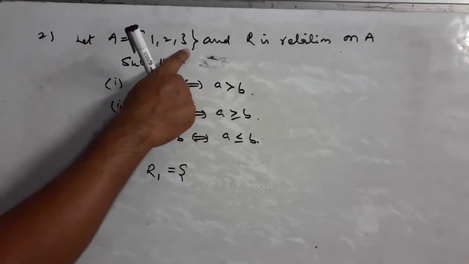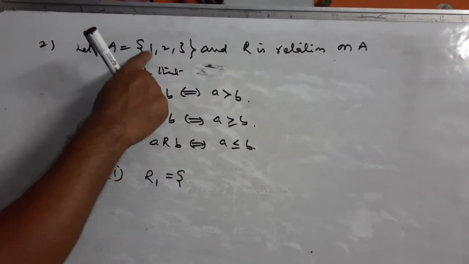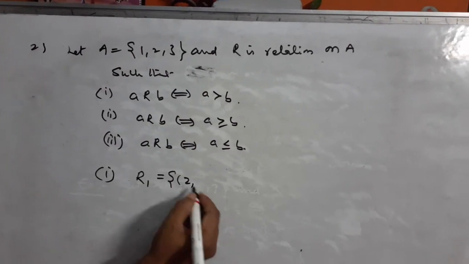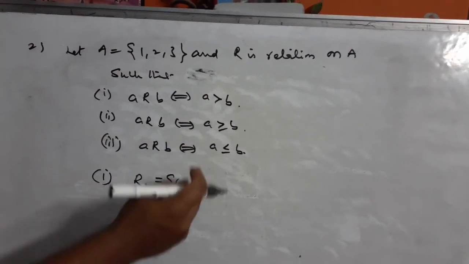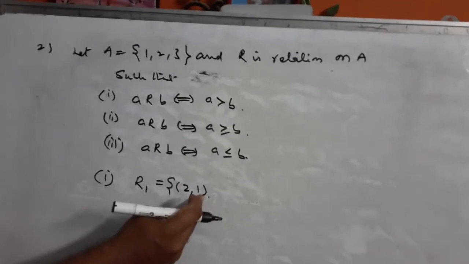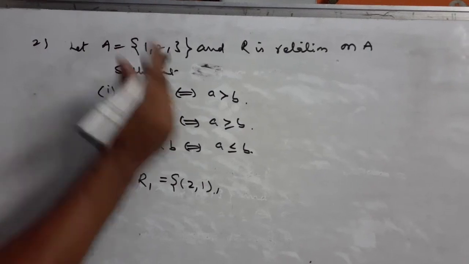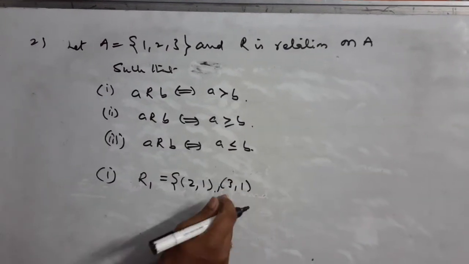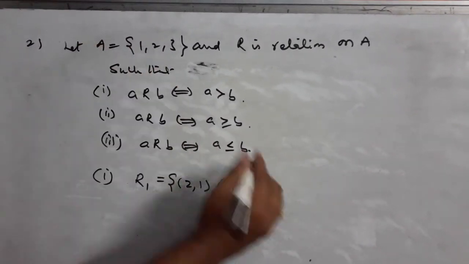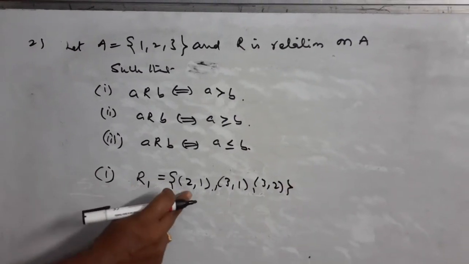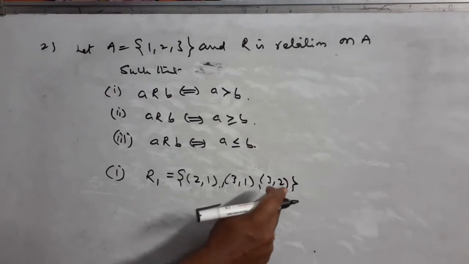Next (1, 3) is also false. Next (2, 1): 2 is greater than 1, so it is satisfied. Next (3, 1), 3 is greater than 1. Next (3, 2). So R1 is {(2, 1), (3, 1), (3, 2)}.